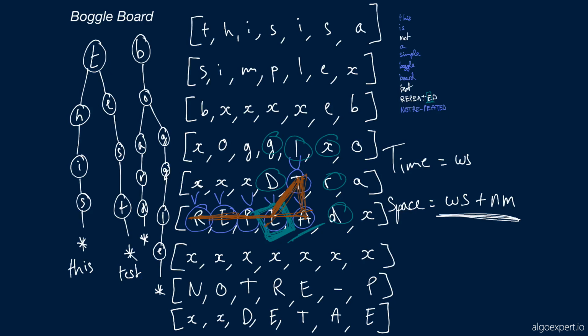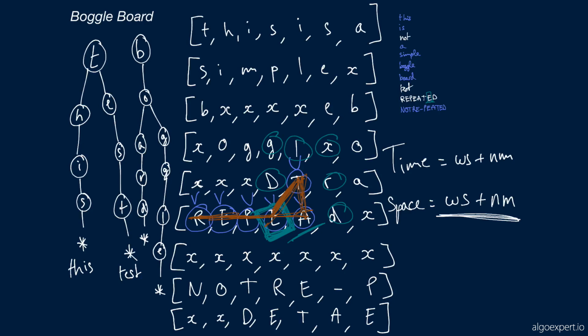So that's WS time to build the tree. Then we know that we're iterating through the entire matrix, right? And because the matrix has width N and height M, we've got a total of NM nodes that we're exploring. Okay, so WS plus NM, but there's definitely more to this algorithm, right?